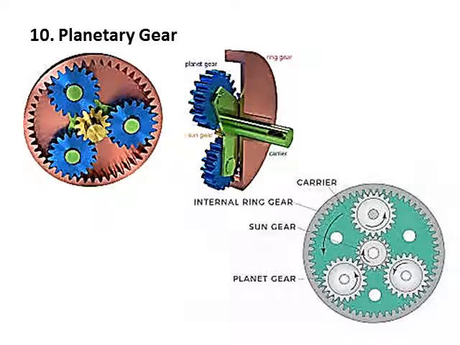Planetary gear is a type of internal tooth gear where more than one gear of smaller size is rotating inside a gear of a larger size.